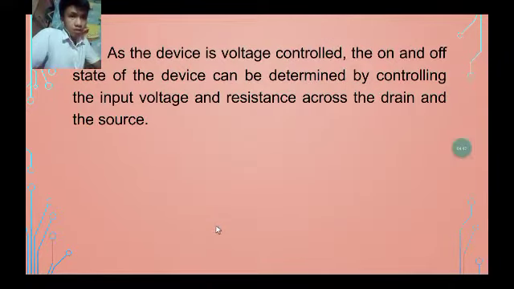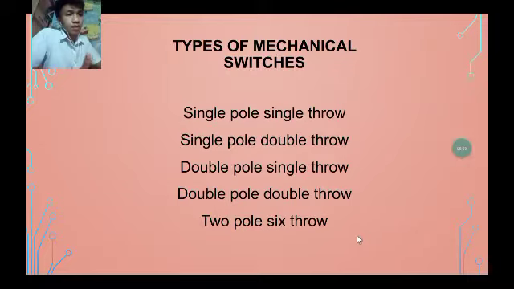Aside from that, the device is voltage controlled, so the on and off state of the device can be determined by controlling the input voltage and the resistance across the drain and the source.